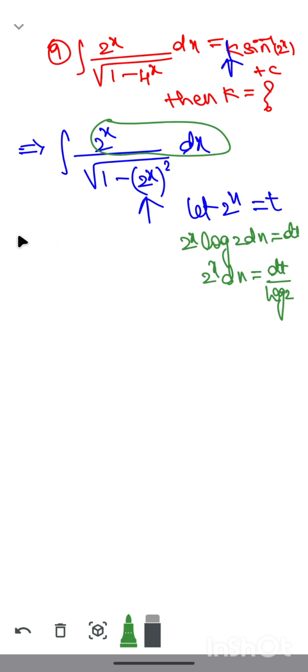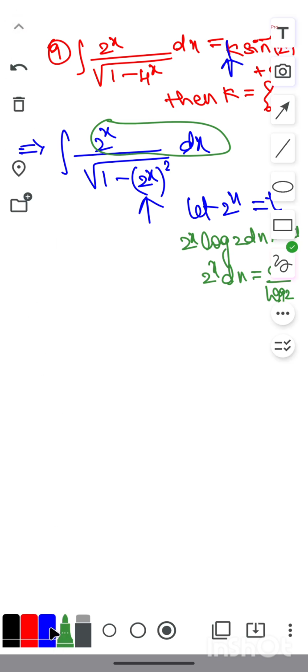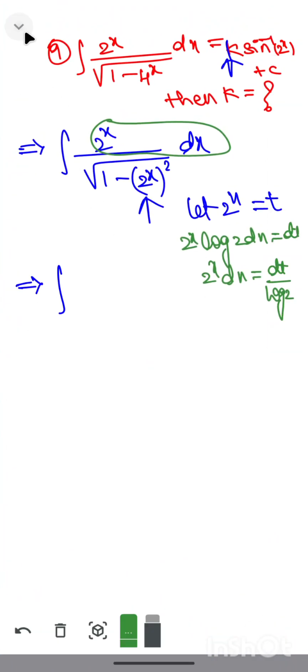So rewrite the given question. When I rewrite it, we get integration of 2 power x into dx, which is nothing but dt divided by log 2. In that, dt is the function, and 1 by log 2 is a constant that I am keeping outside the integral, whole divided by root of 1 minus 2 power x the whole square. 2 power x is t, the square of that will become t square.